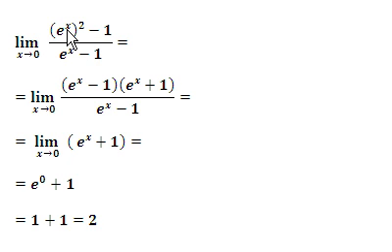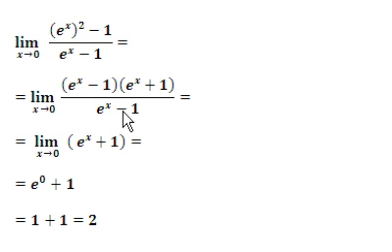So if you want to just think of this as being 1 squared here, and 1 squared is obviously just 1. But we can actually factor this as e to the x minus 1 times e to the x plus 1. Now we have an e to the x minus 1 in the denominator and in the numerator. So those are going to cancel out, and we're going to be left with e to the x plus 1.